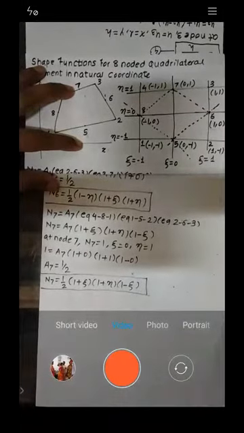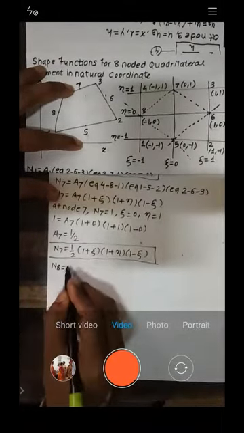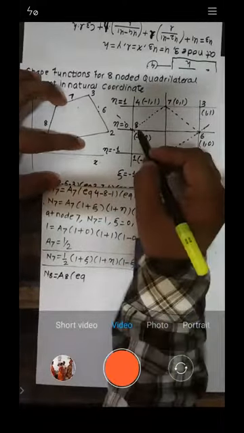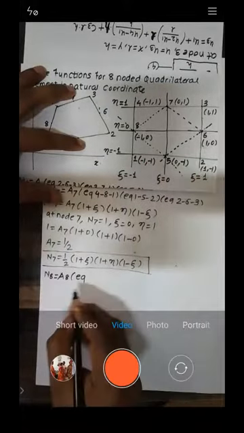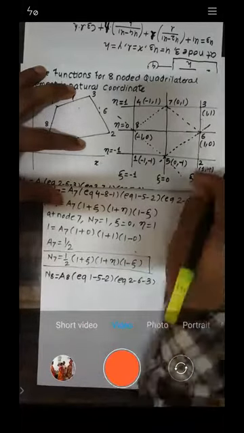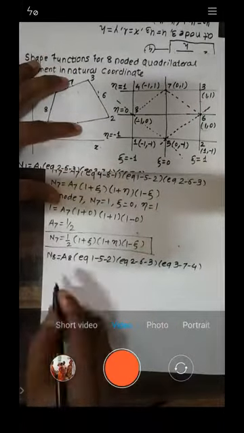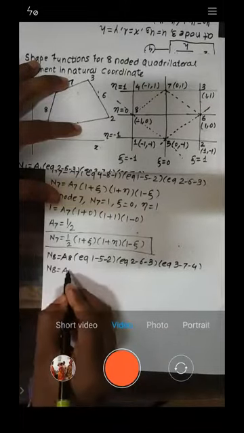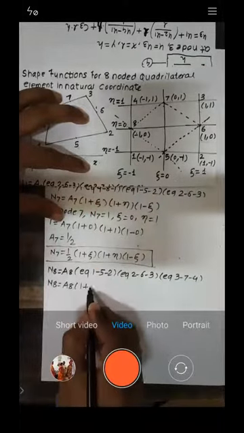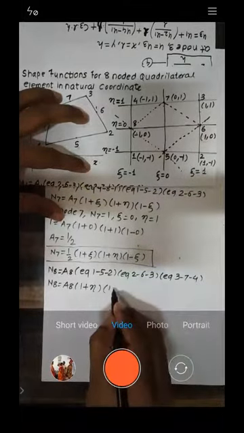Next, we will do it for N8. This is the last shape function. N8 is equal to A8 into the equations of the lines which are not passing through node 8: 1-5-2, 2-6-3, and 3-7-4. For 1-5-2, eta is equal to -1, that is 1 plus eta. For 2-6-3, zeta is equal to 1, that is 1 minus zeta.